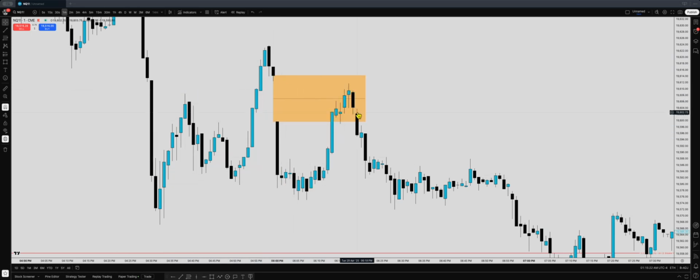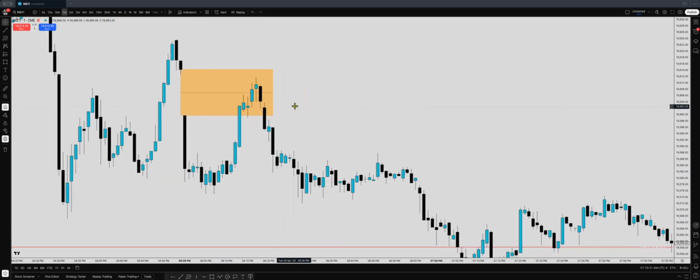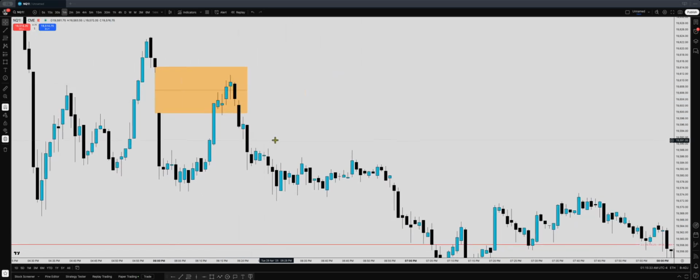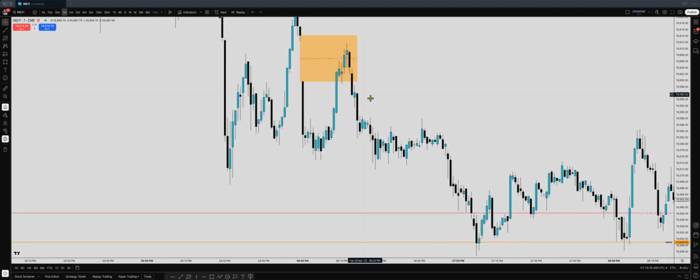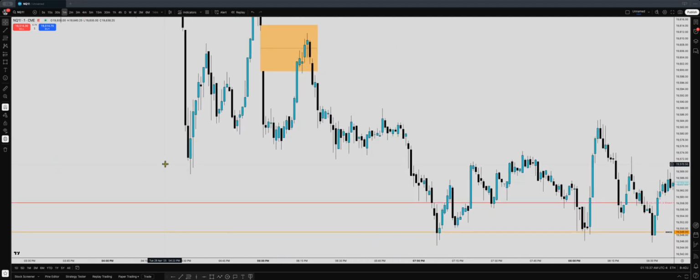Price opens up, closes underneath there, retraces back into this gap, or fair value gap, right? Go short. Go short there. Aim for the near swing low if you just want to get a nice little quick scalp. It's about 40 handles.